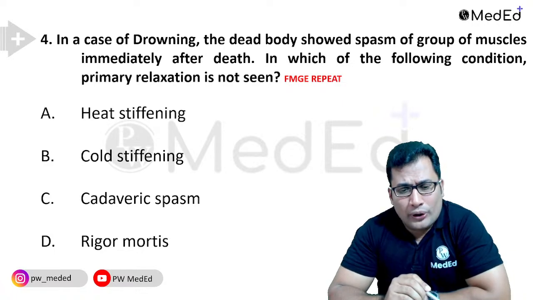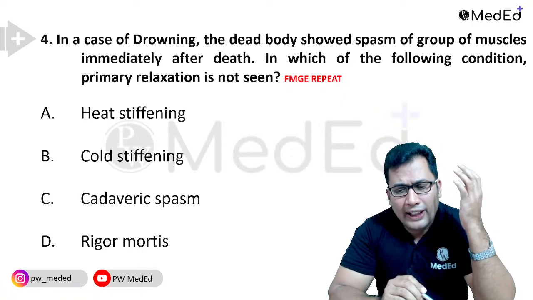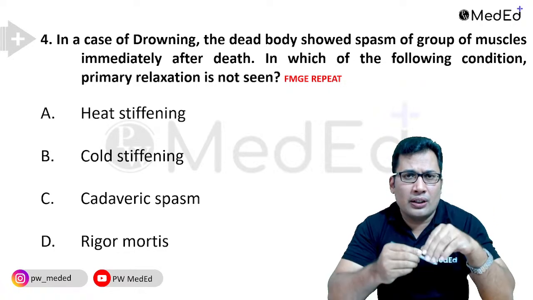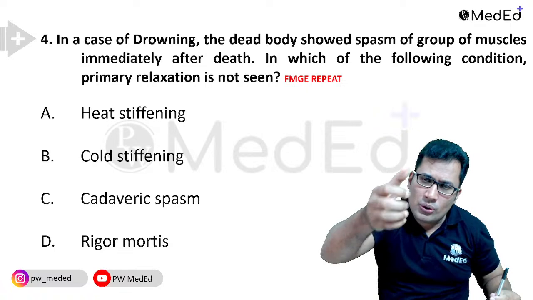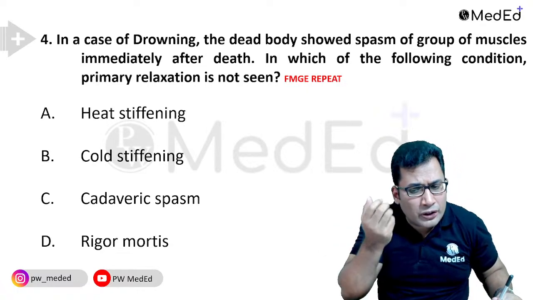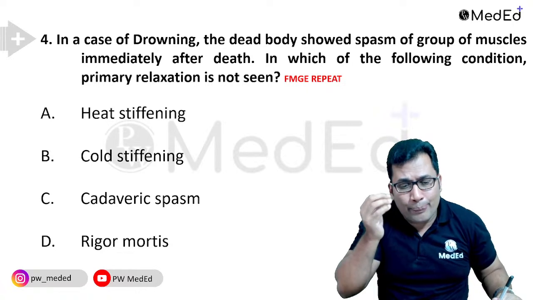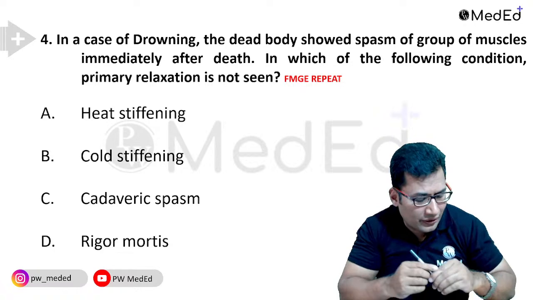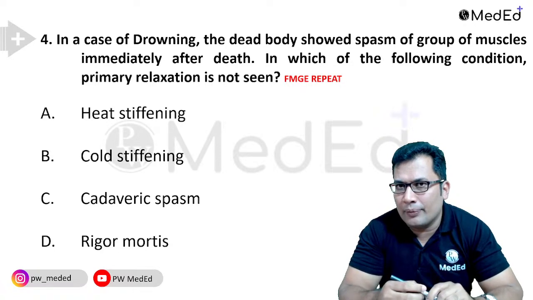In case of drowning, the dead body showed spasm of a group of muscles like this. In which of the following conditions is primary relaxation not seen? This can be asked in your exam.